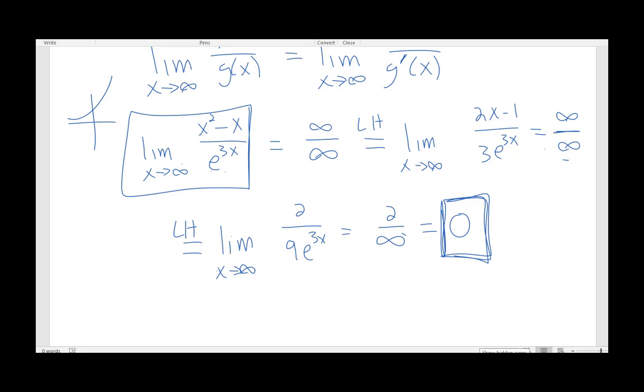All right, now let's stop and talk intuitively for a moment. If I come back to my original limit, x squared minus x over e to the 3x, and I just think intuitively, which of these grows faster? Well, an exponential grows much faster than a quadratic. So of course, this exponential is going to win the race to infinity, and something small over something really large is going to go to 0.